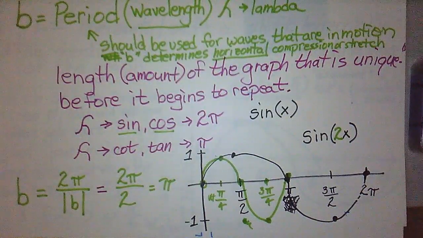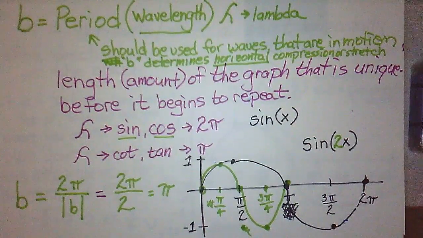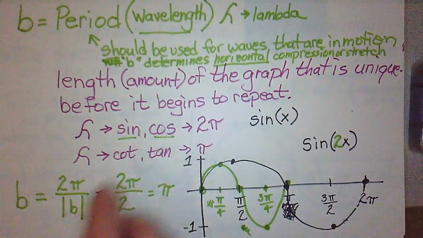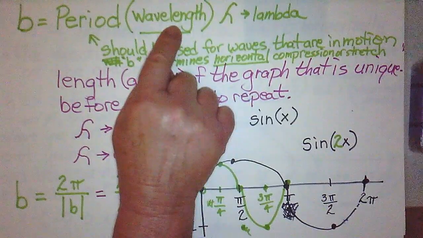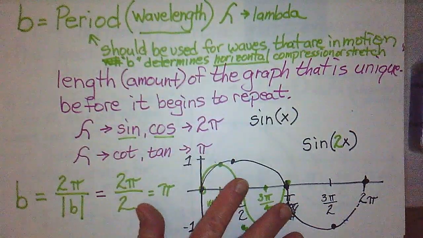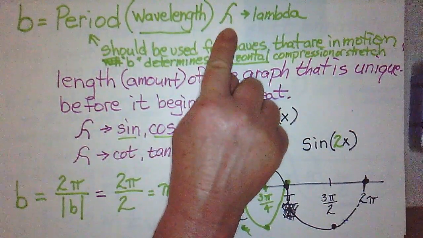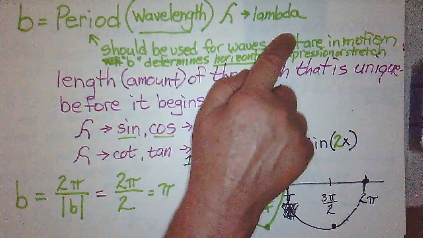So now let's go to B. B determines the period or the wavelength of the function, and the symbol for that is lambda.